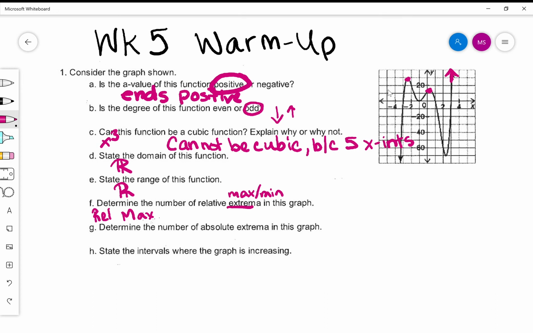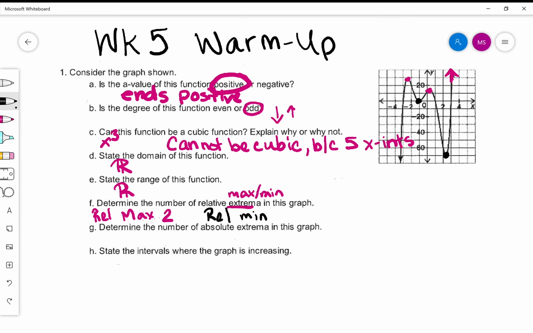So here, how many do we have? Well, we have 2. Okay. All right. Relative minimums. I'm just going to circle all of the minimum points.